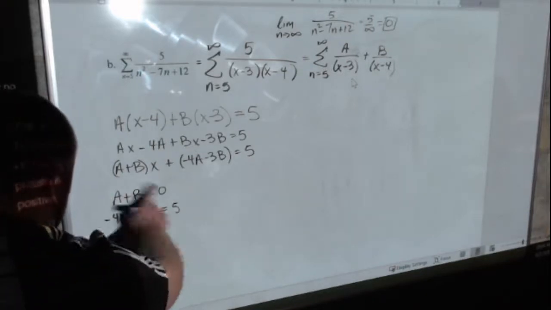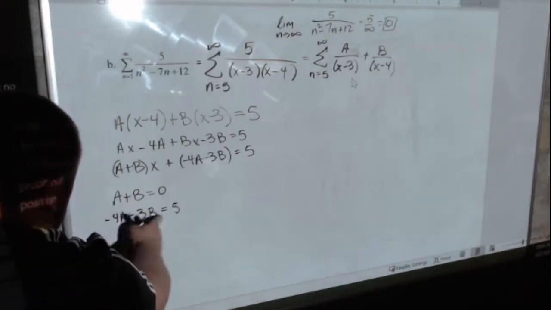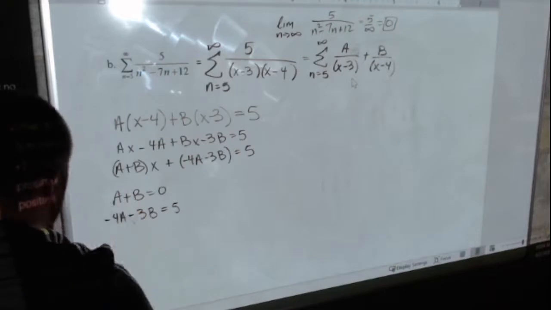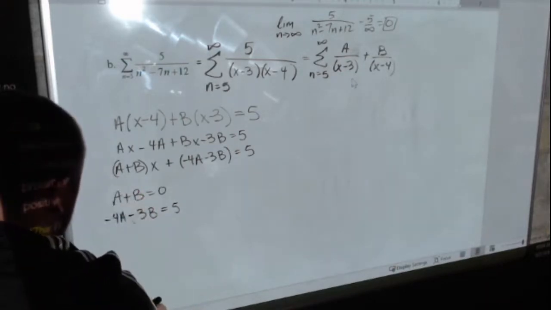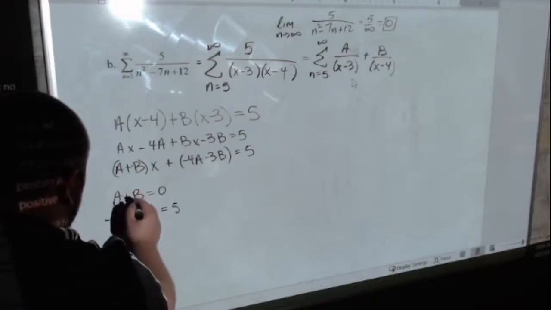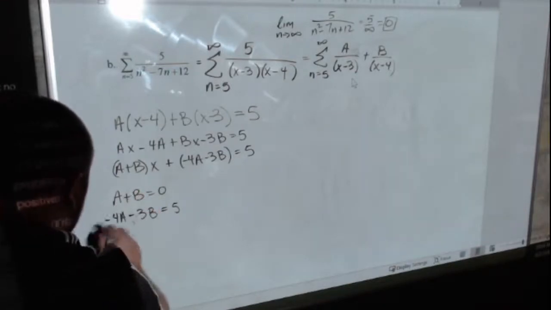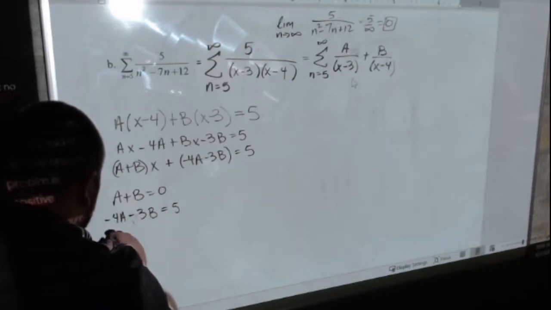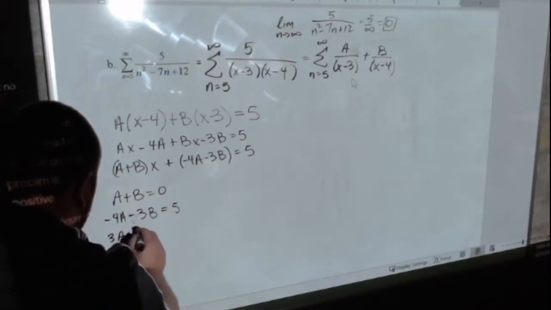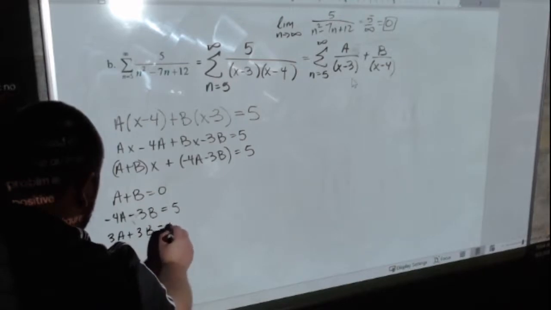Now, I got a system of equations here. I notice all these are negative and all these are positive. So rather than solve for one and plug in, I'm going to cancel. I'm going to multiply this first equation by 3 and add it to this second one. So this would be 3a plus 3b equals 0.